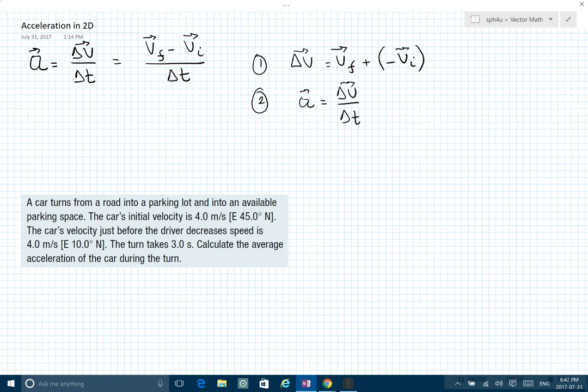So recall, in general, how do I find the components of a negative of a vector?